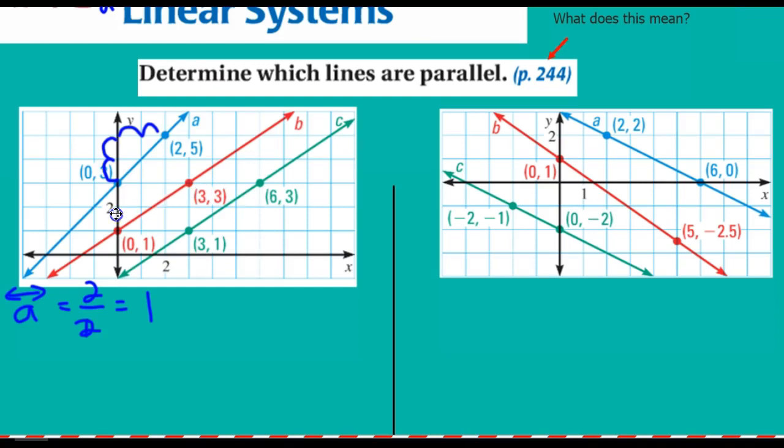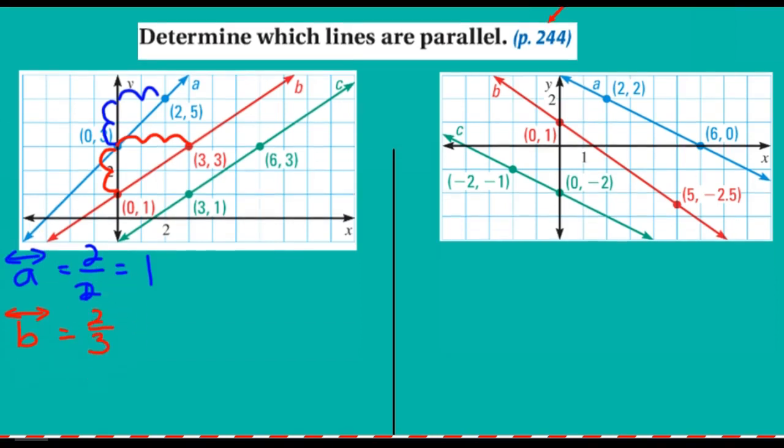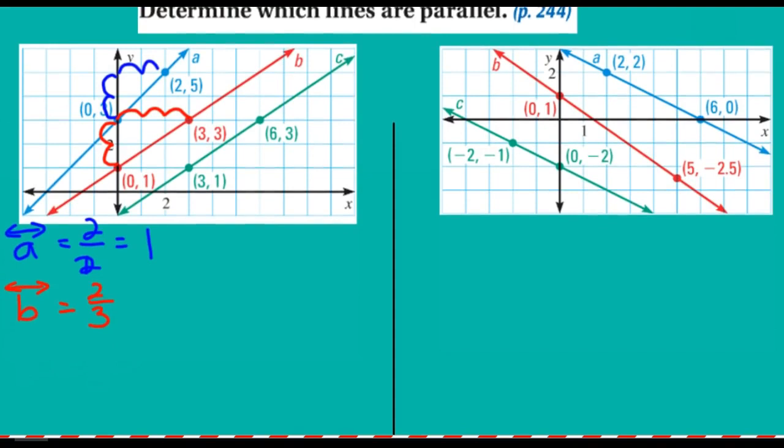Line B, we're going up 1, 2, over 1, 2, 3, so line B has a slope of 2 over 3. And then line C has a slope of 1, 2 over 1, 2, 3.